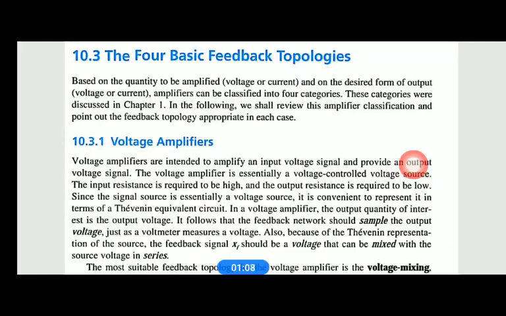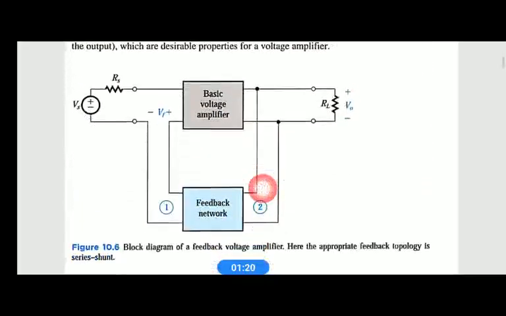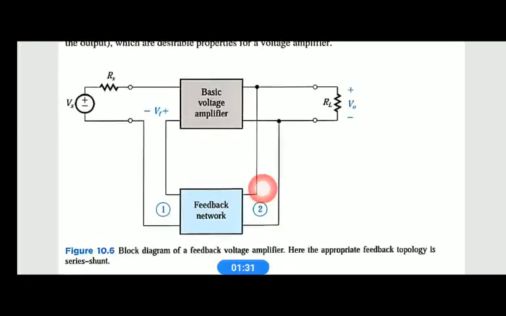The voltage amplifiers are intended to amplify an input voltage signal and provide an output voltage signal. So the block diagram of the feedback voltage amplifier, that is the voltage amplifier topology, is given here.